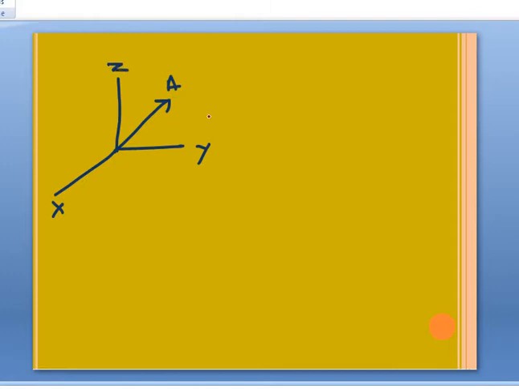Now we are rotating this by an angle theta along the x-axis. So about the common x-axis, let us take this as origin. When you are rotating it by angle theta, or let us say angle phi, what happens?